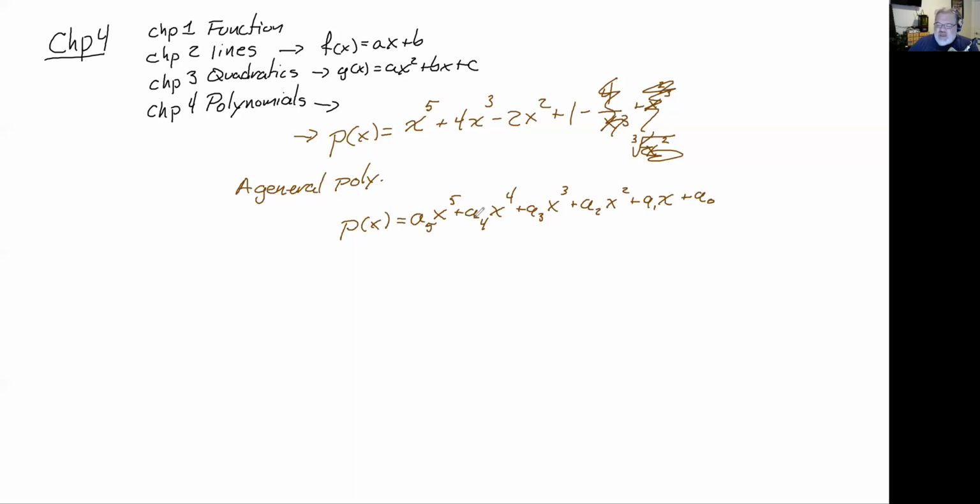So instead of having a, b, c, d, e, which I don't want to use, f, which I don't want to use, we'll use the same a for all our coefficients, but index them, number them, essentially. This is our first a, our second a, our third a, our fourth a, and so on. Notice here I've indexed them along with the powers.